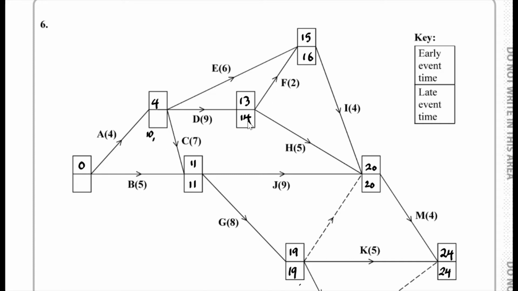We also have 14 take away 9, which is 5. We also have 11 take away 7, which is 4. 4 is the smallest one, so 4 goes inside. And now 4 take away 4, that's 0. 11 take away 5, that's 6. Of course here we just have 0, the smaller one.